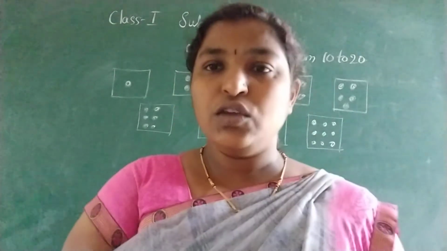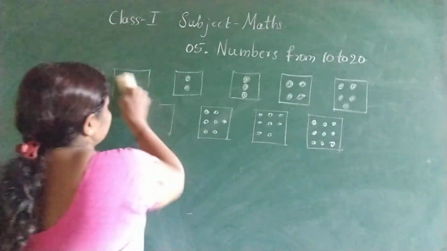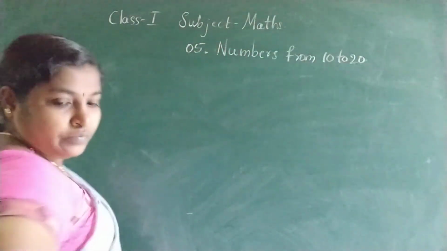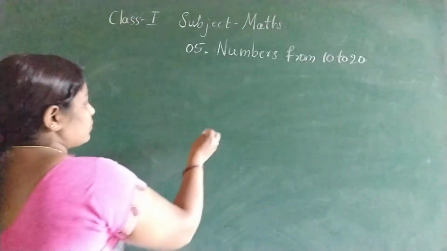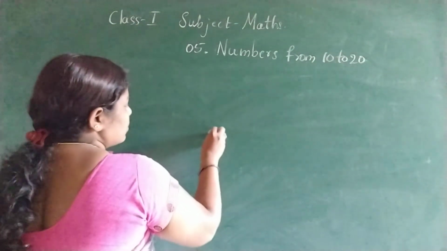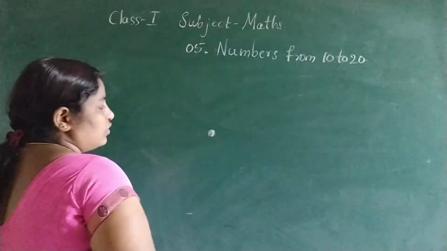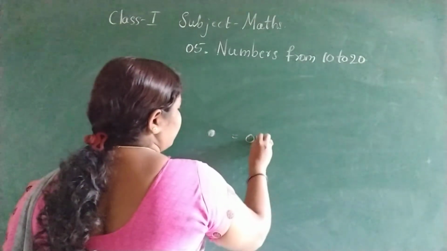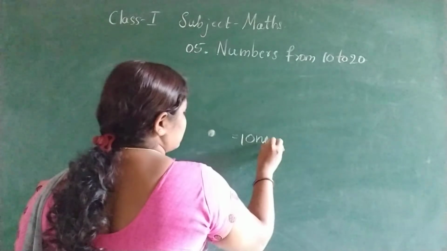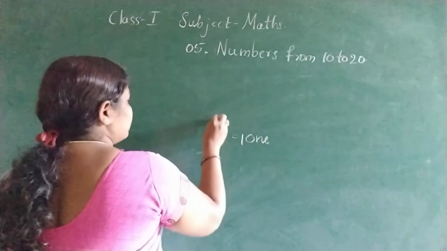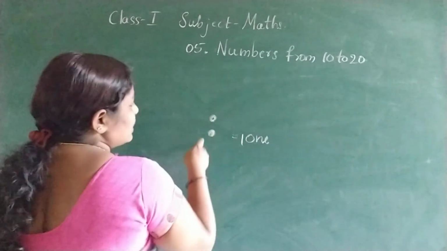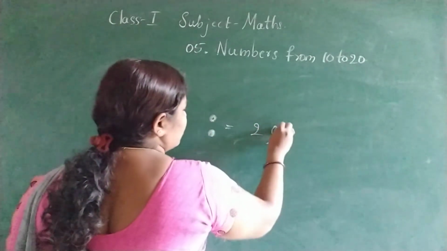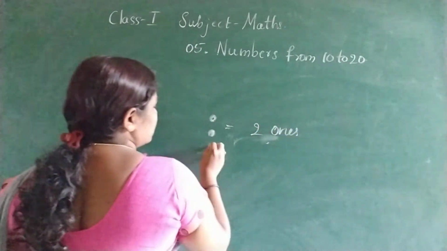About this, what is ones, what is tens? I will explain to you. Just watch. This is 1, so 1 one. Now these have become 2, so this is 2 ones.